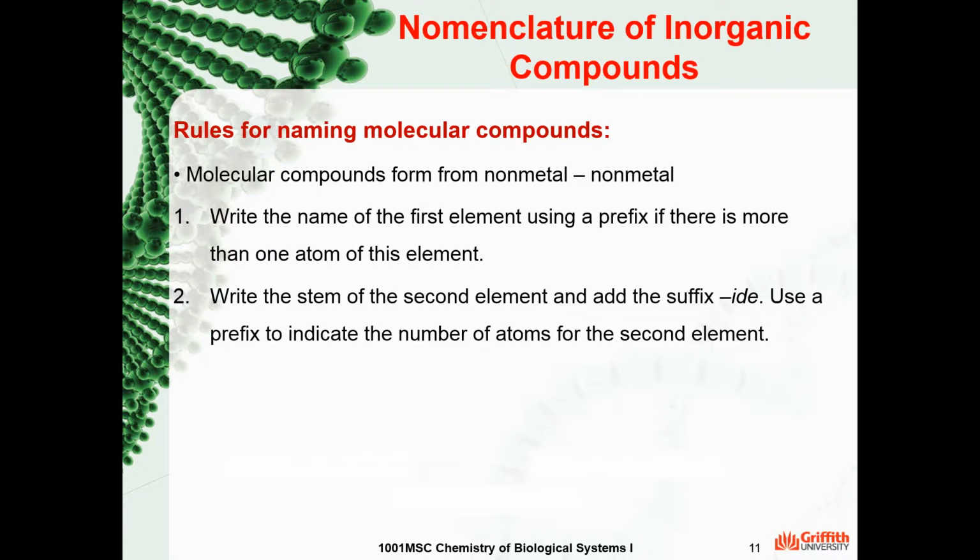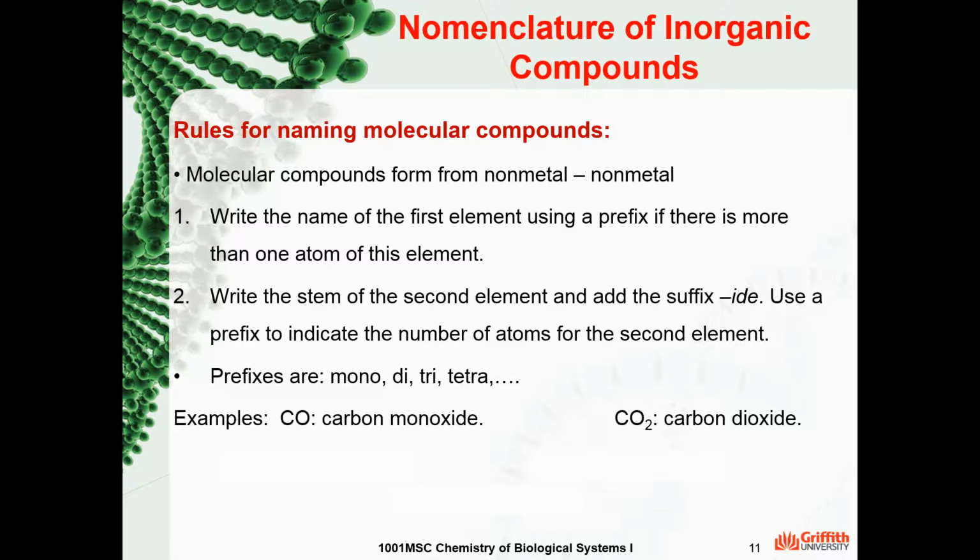For the second element, we need to change the last part of the name to "ide," like we did in the ionic compounds. And also, we need to add a prefix to indicate the number of atoms for the second element. We use the prefixes mono, di, tri, tetra, etc. when naming these molecular compounds.